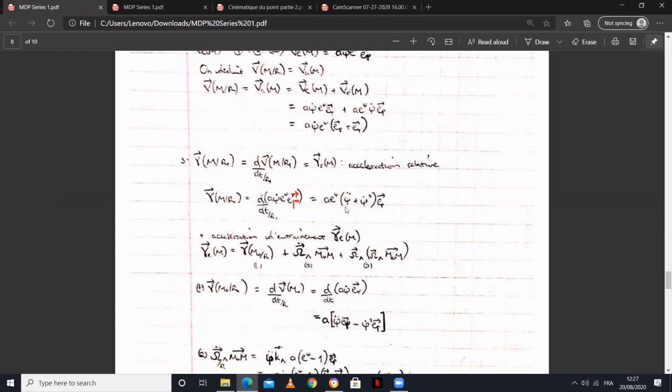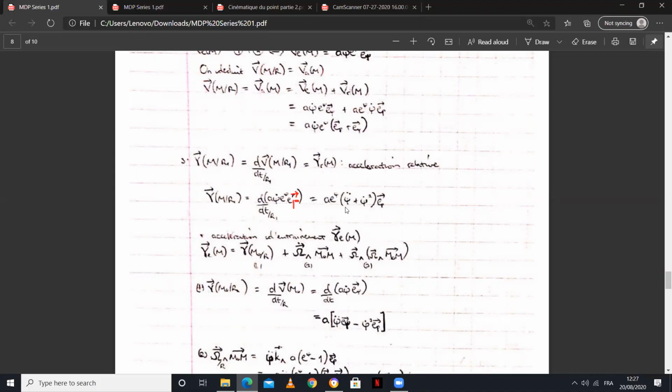We looked at this one last week when we were calculating la vitesse relative. It's just up there in the solution, there's even an explanation on top of it. We said e rho is fixed in R1 because that's the repère it belongs to. So it's not moving, it's fixed in that repère. E rho is going to become varying when we go out of R1 and start doing our calculations in R. In R, le repère R1 est en mouvement.